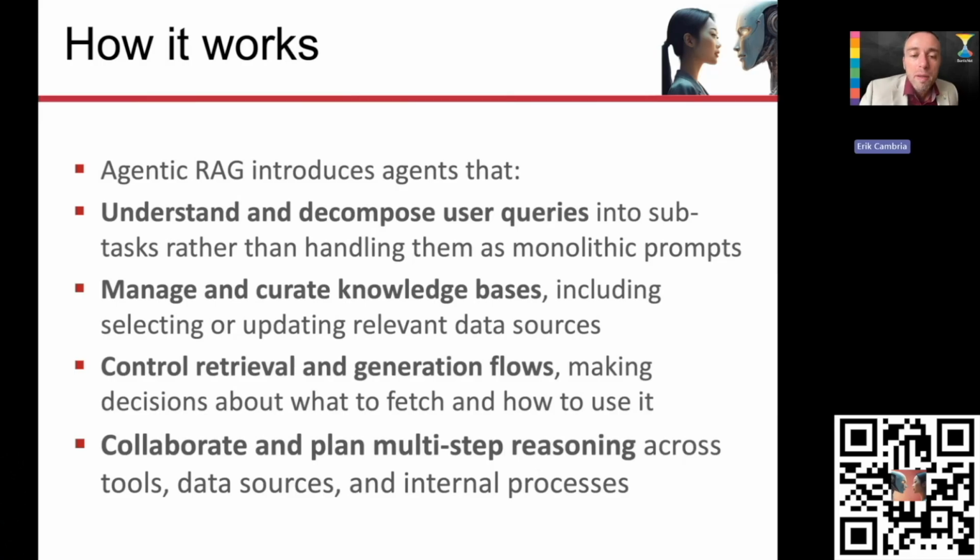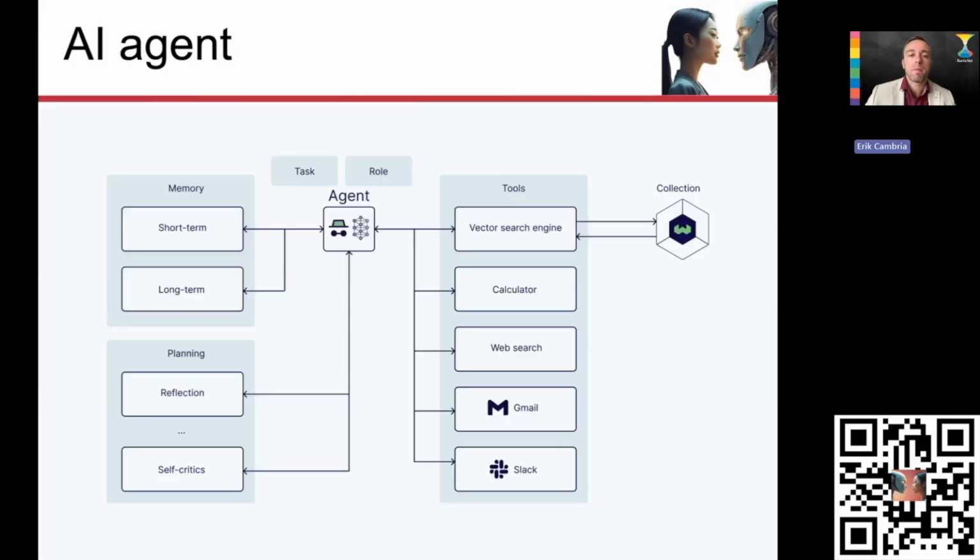Because if I have one agent or multiple agents that are carrying out several tasks, then it's easier for me to ask questions on how this output has been generated and why. So again, an agent is an AI algorithm that has the autonomy to make decisions and act on its own to achieve a specific goal.